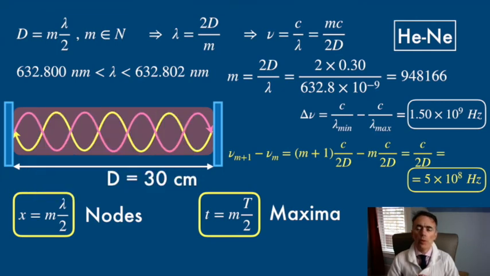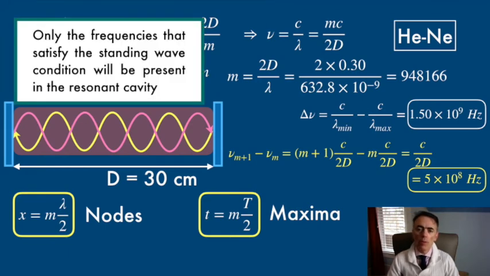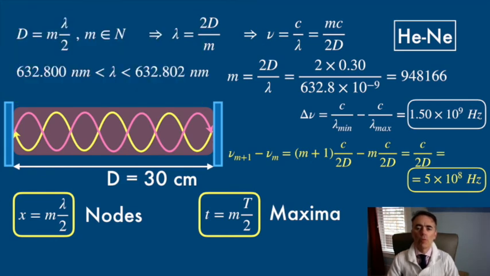But from all the frequencies emitted by the gain medium, not all are going to be allowed in the resonant cavity, only those that match the standing wave condition. Those we'll call the modes of the laser.